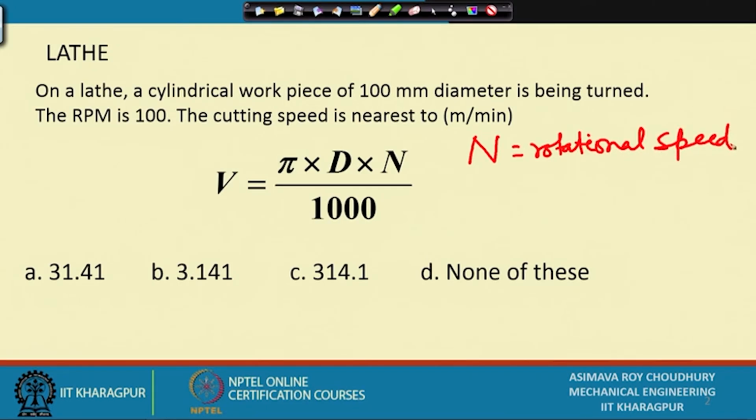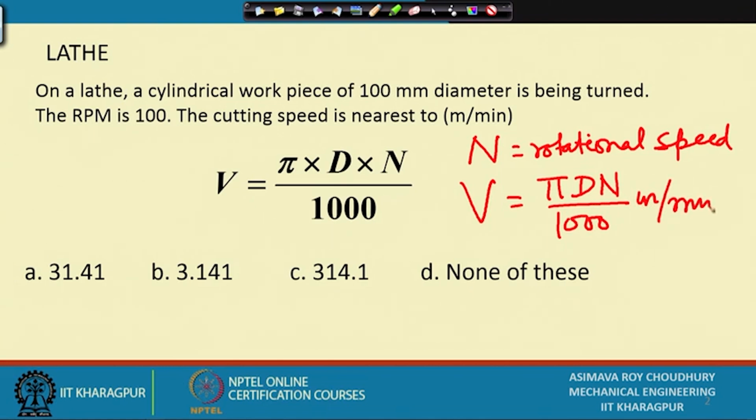In that case, the velocity is defined as pi d n by 1000 meters per minute, where d is in millimeters. D is the outer diameter of the cylinder.